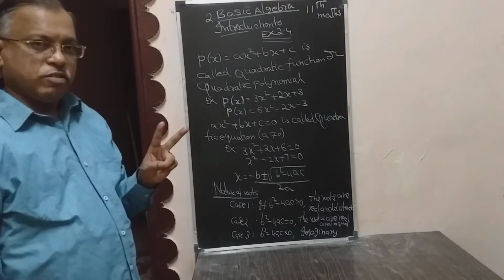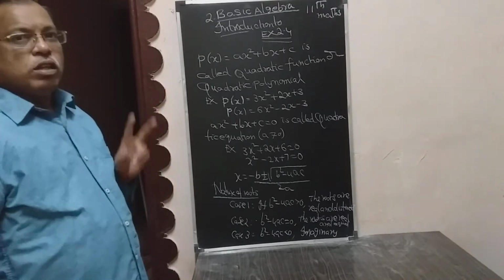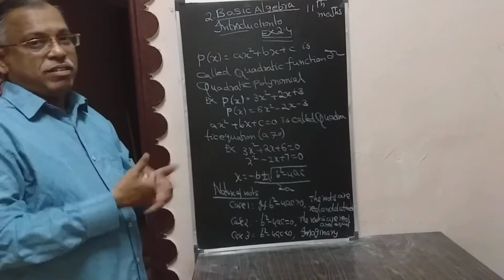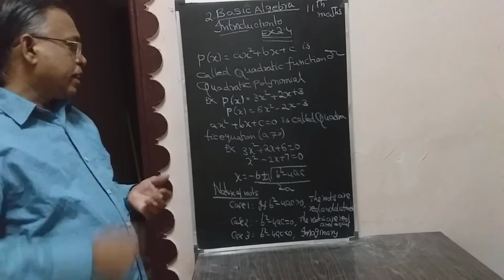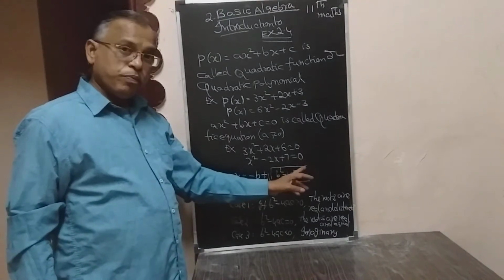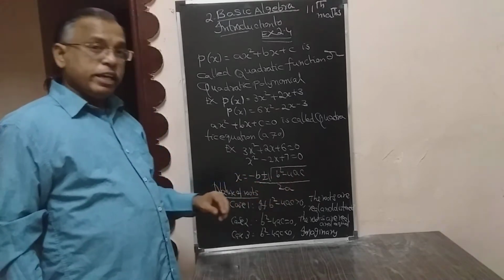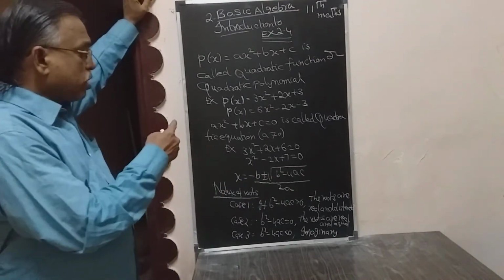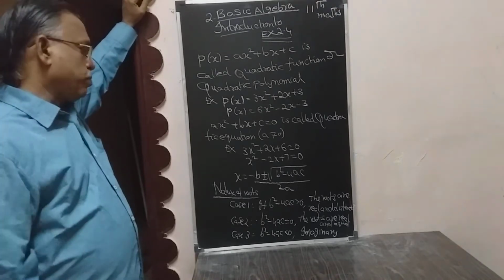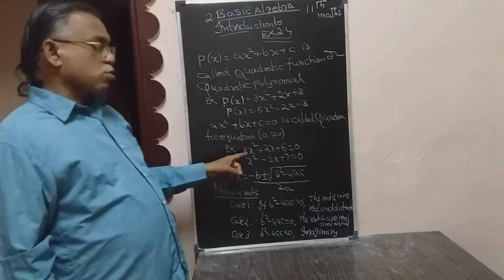Two methods are there. One is the factorization method. Suppose if you don't get it by factorization, then the formula method. So what is the formula method? x is equal to minus b plus or minus square root of b square minus 4ac by 2a. So this is known as the formula method. Here two roots you will get, because the degree is 2.